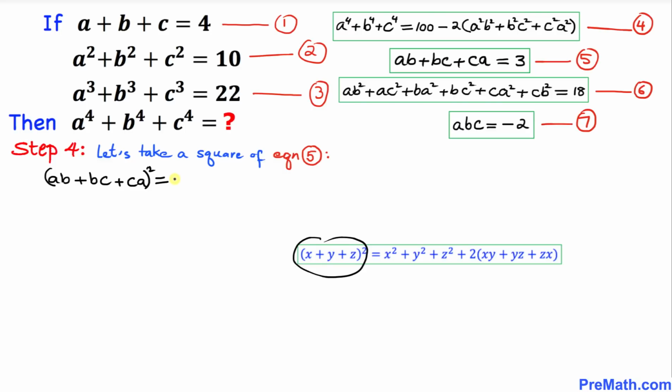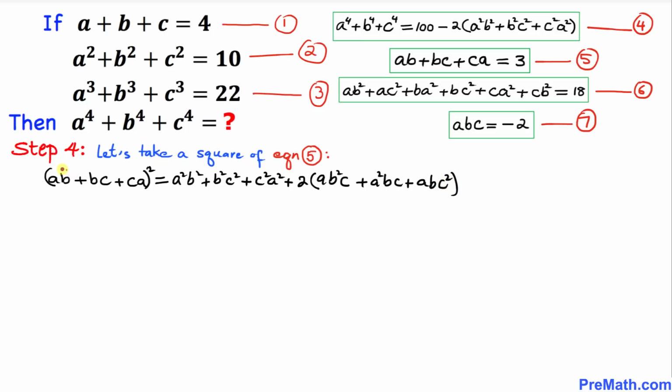So this is going to give us right now A square B square plus B square C square plus C square A square, all right, plus 2 times, again in the parentheses, AB square C plus A square BC plus finally ABC square.